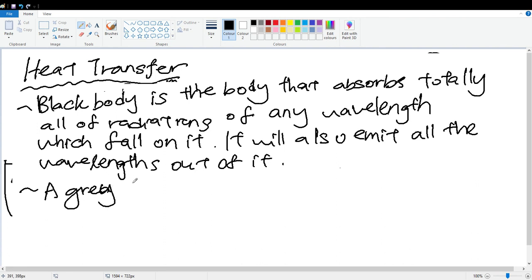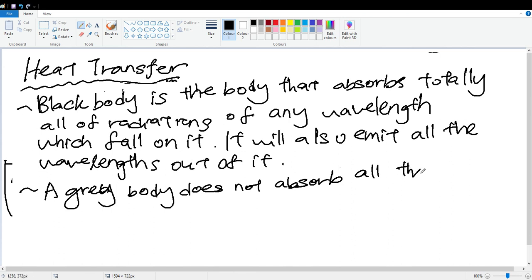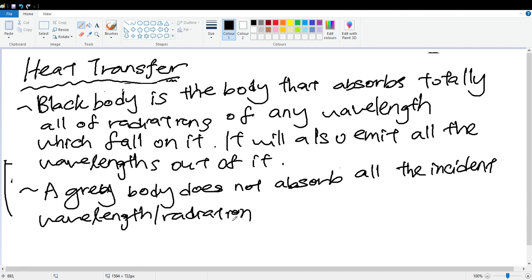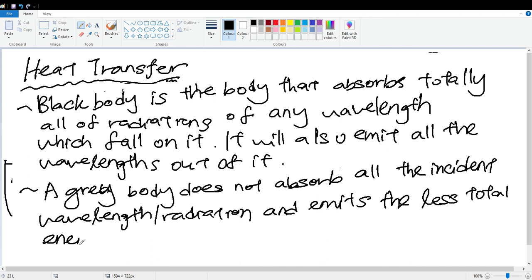A gray body does not absorb all the incident wavelengths, or I should say radiation, and emits less total energy than a black body.